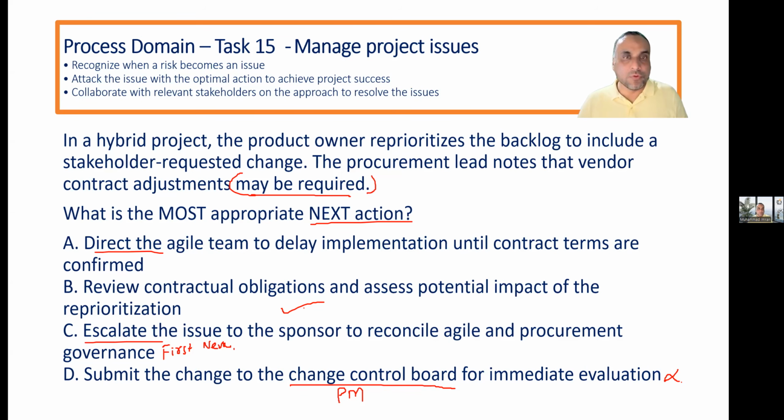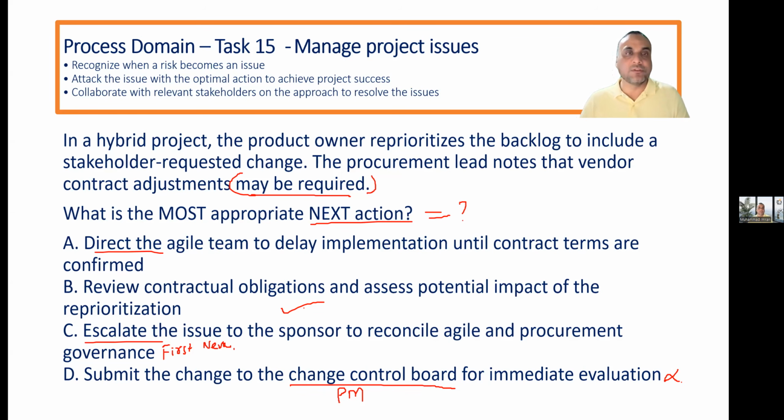So did you read that in this hybrid project, the product owner reprioritized the backlog to include a stakeholder requested change? The procurement lead notes that a vendor contract adjustment may be required. What is the most appropriate next action? Whose next action are they talking about?